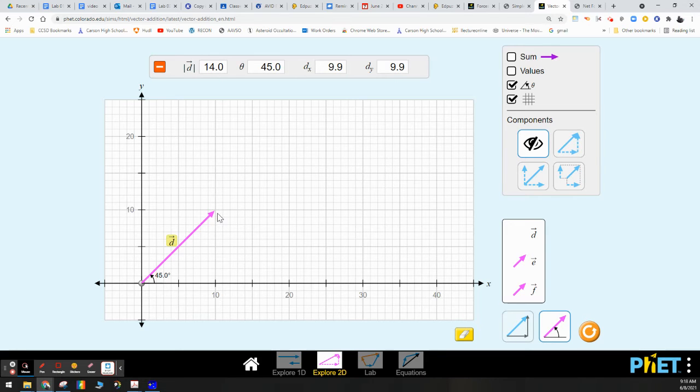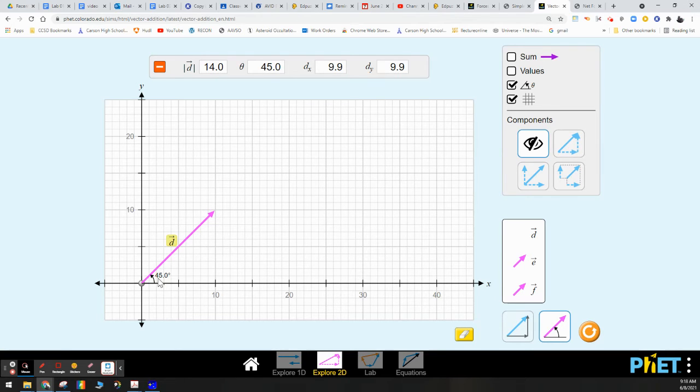Here the tip is right here, so the magnitude is 14. The x component is 10, notice the dx is 9.9, and the y component is also 9.9.